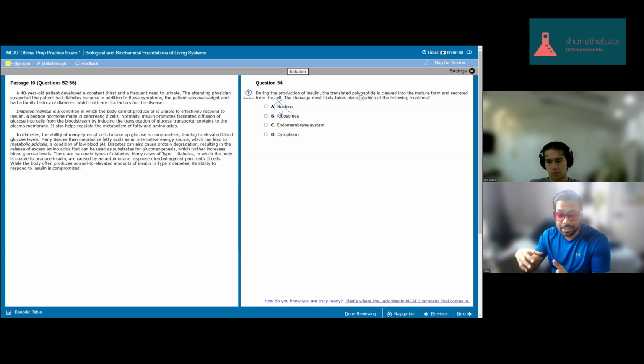We need to do something a little different, and then it goes to the rough ER, attaches itself to the rough ER, and it resumes translating the protein inside of that ER. I'll get a picture of it.